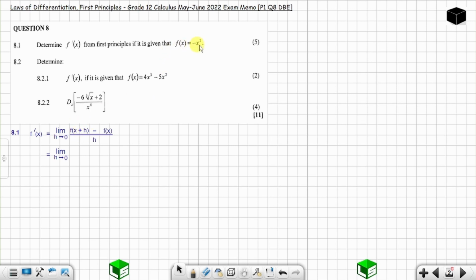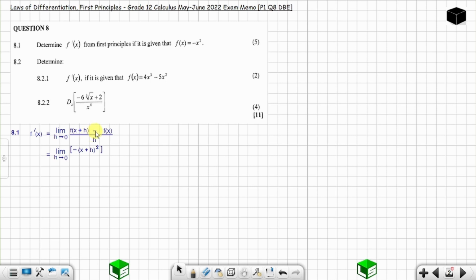You have minus x squared, you are going to have minus x plus h in bracket squared. You can see instead of x there, you have x plus h. So you can close everything inside the square bracket so that you don't confuse. So we are done with x plus h.